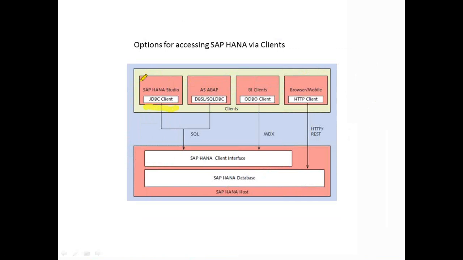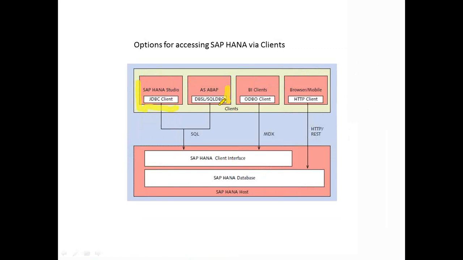If you use HANA Studio here, it uses the JDBC client. We also have the regular ODBC, Open Database Connectivity. Right now, if your ECC system runs on a SQL database or an Oracle database, it uses ODBC.